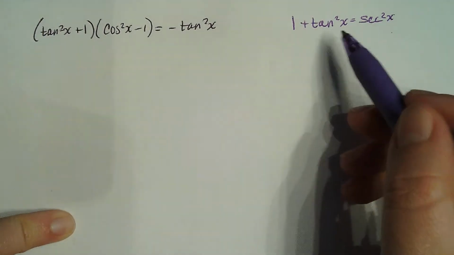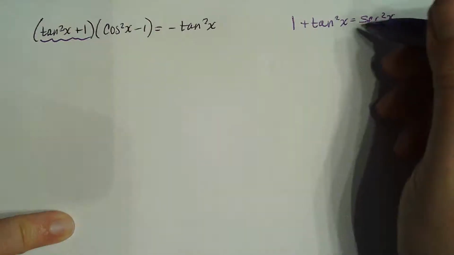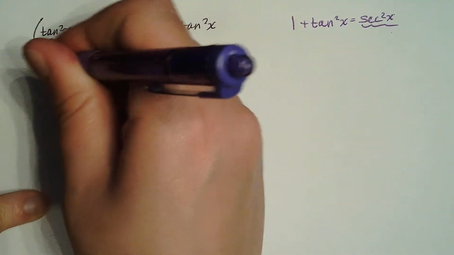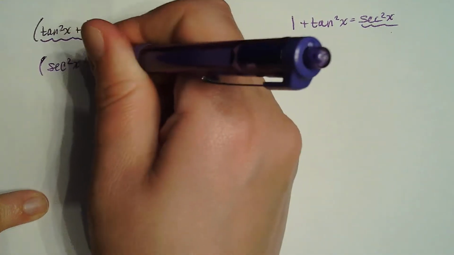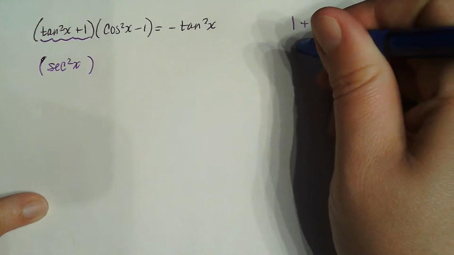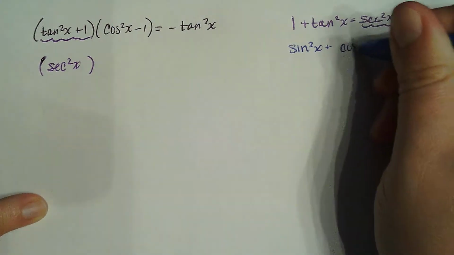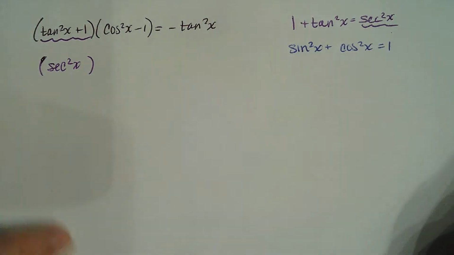That one's set up and ready to go, so I can replace this with this. I don't have to move anything around, so that's simple enough. Secant squared x. Sometimes we have to move them around before we work with them. The other one is sine squared x plus cosine squared x equals 1.